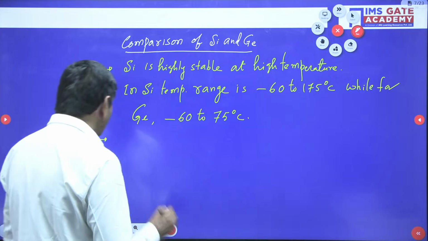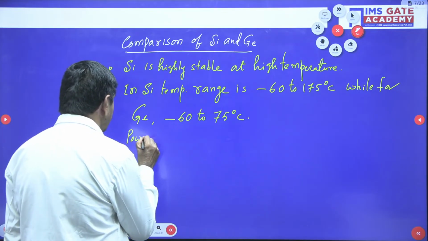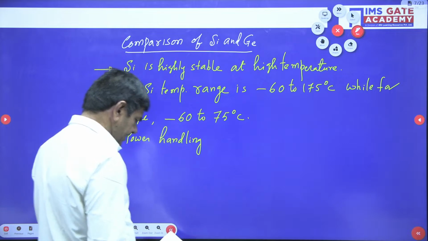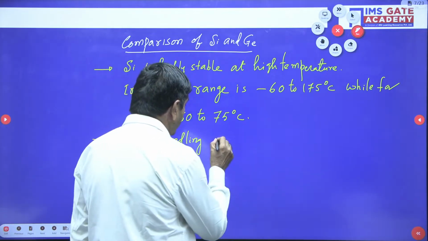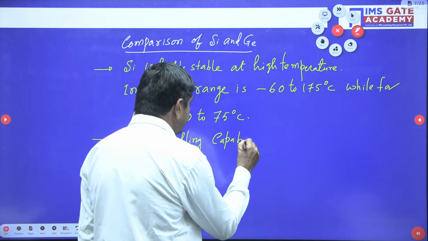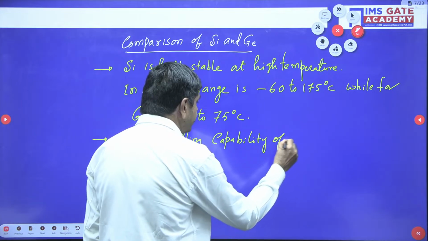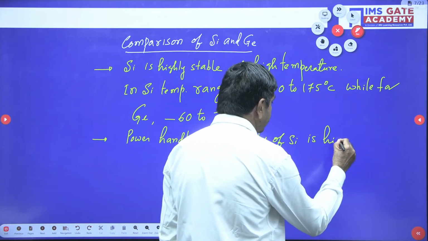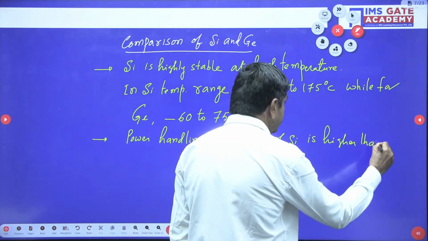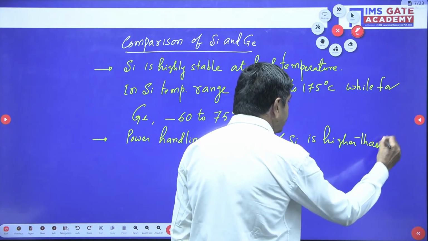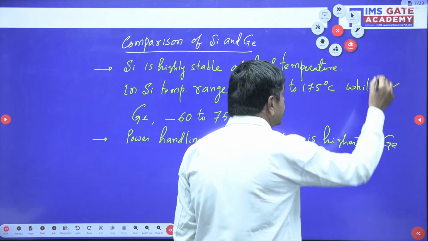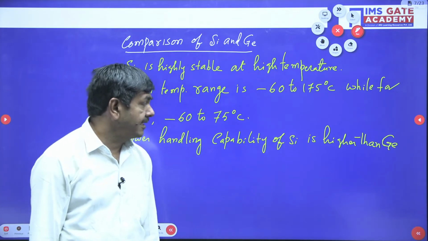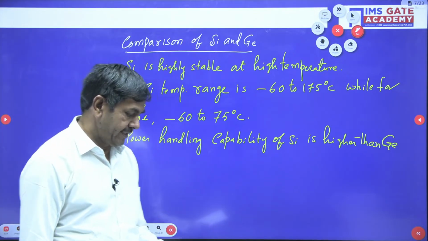That's why I can write: power handling capability of silicon is higher than germanium. That's why we are using it practically.